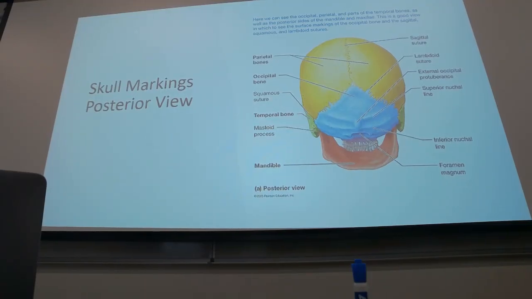So it's the big hole. So in this foramen magnum, we have the exit or the entry, depending on how you want to see it, of the spinal cord into the cranial cavity, or the spinal cord going into the vertebral cavity.